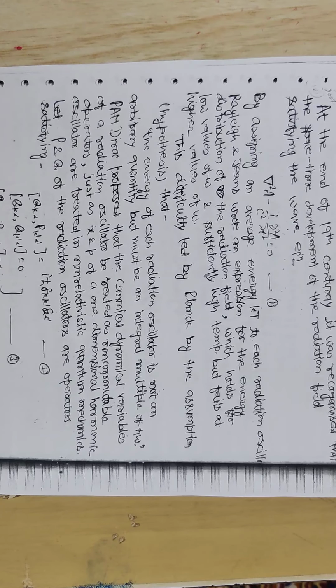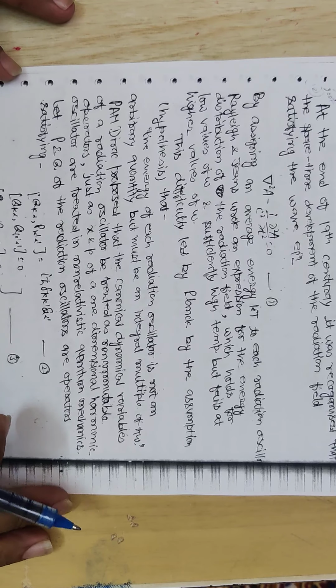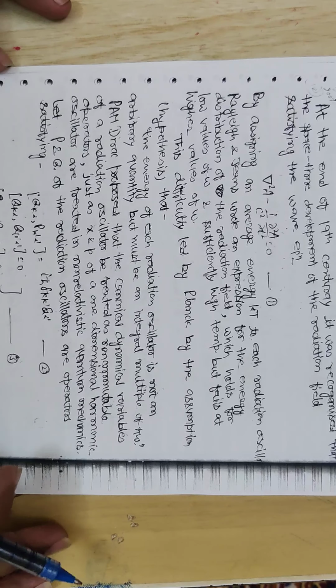After that, Dirac proposed that the canonical dynamical variables of the radiation oscillator be treated as non-commuting operators, just as x and p of a one-dimensional harmonic oscillator are treated in non-relativistic quantum mechanics.